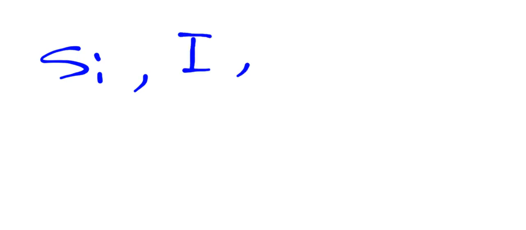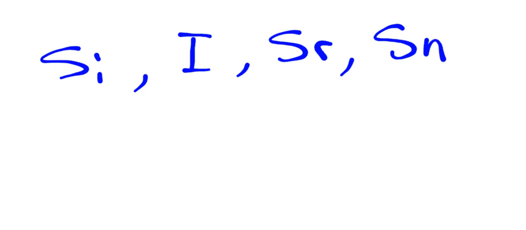The dots still stay the same. So will you do the electron dots for Si? How about iodine and Sr, and then Sn, and then C, and then how about oxygen?